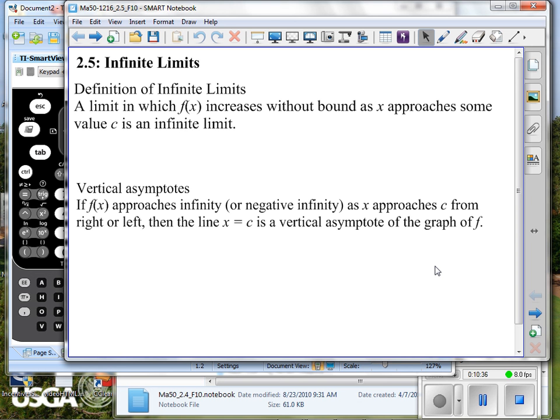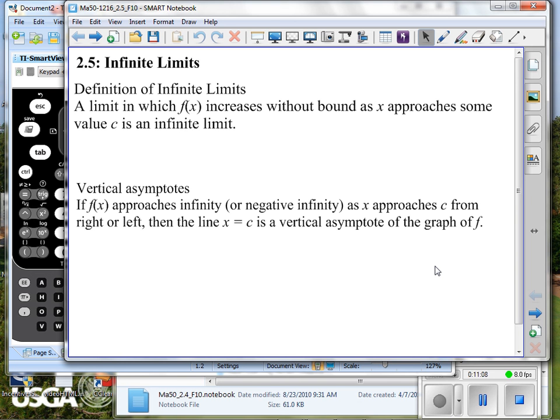Now, in section 2.5, we're talking about this thing called infinite limits. There actually are two ways we can talk about infinity when we talk about limits. The other way is a section that comes up in chapter 4. And last fall, I tried to combine those two, and I found out we can't because there's other things that we need that we haven't studied yet, and they're in chapter 3 and the first part of chapter 4.